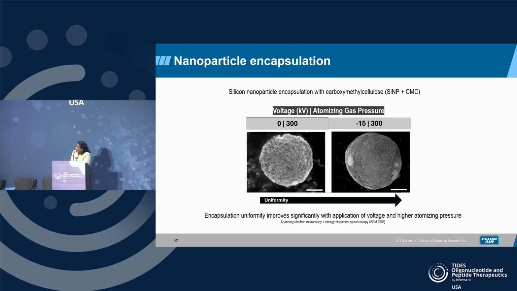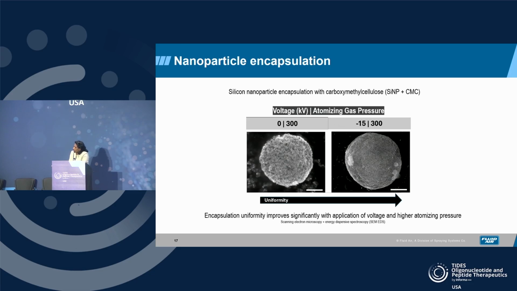What we have here is a silicon nanoparticle encapsulation with carboxymethylcellulose. Silicon nanoparticle is a porous nanoparticle that is used to demonstrate encapsulation. CMC is a surrogate for demonstrating encapsulation.